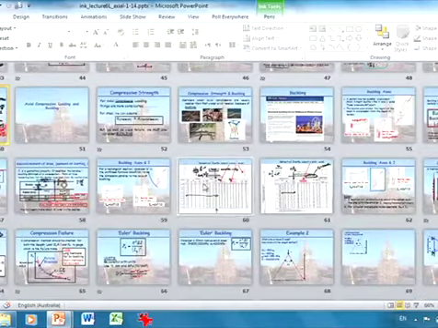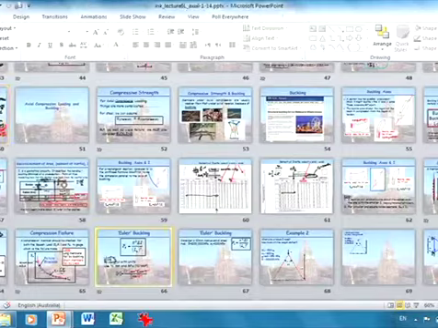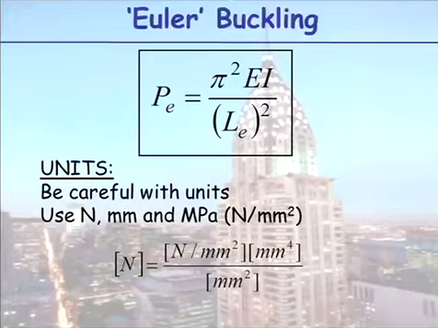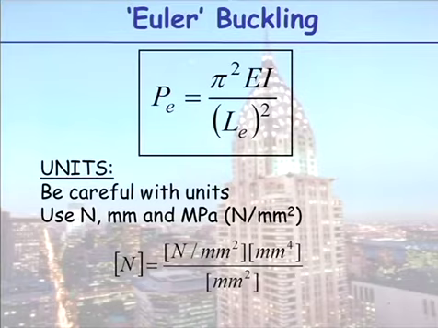So where are we? We are here. Once again, this is a formula. Once you know how to use it, there's no issue about using it. But where people commonly make errors are with the units. So once again, you need to be consistent with your units.